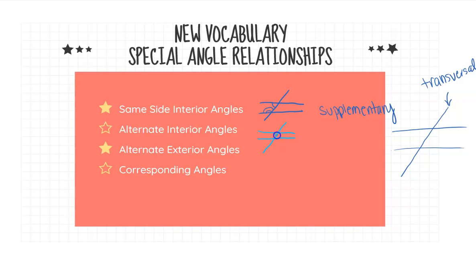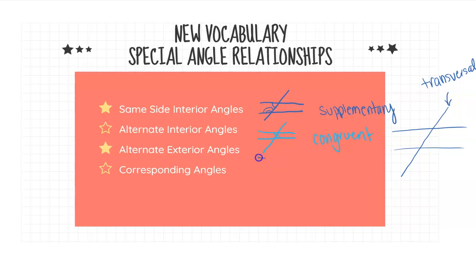So for example, this angle and this angle, those two angles are alternate interior. We have one angle on the left side of the transversal, one angle on the right side, but they're still both inside the parallel lines. And speaking of alternate interior angles, they are going to be congruent.